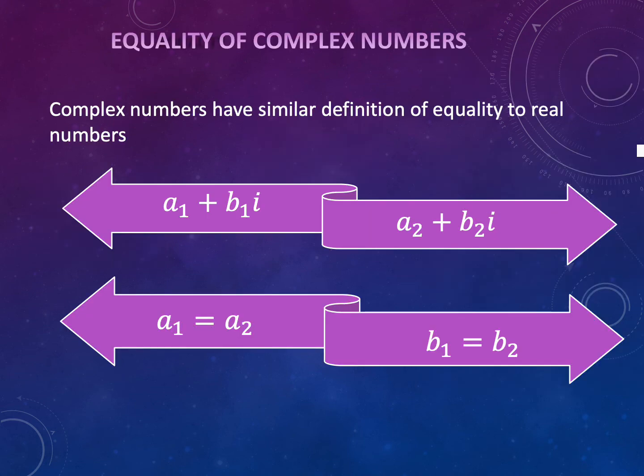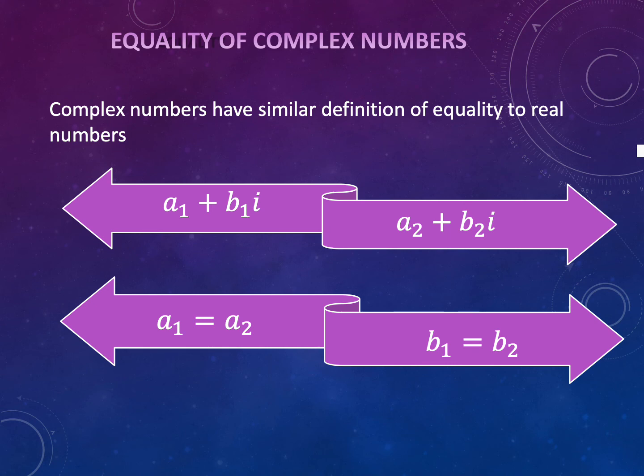Equality of complex numbers. Complex numbers have a similar definition of equality to real numbers. Two complex numbers are equal if and only if their real parts are equal and their imaginary parts are equal.